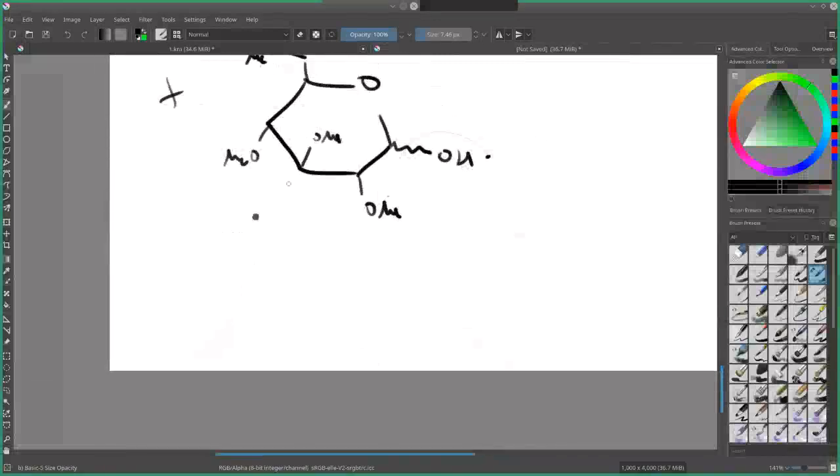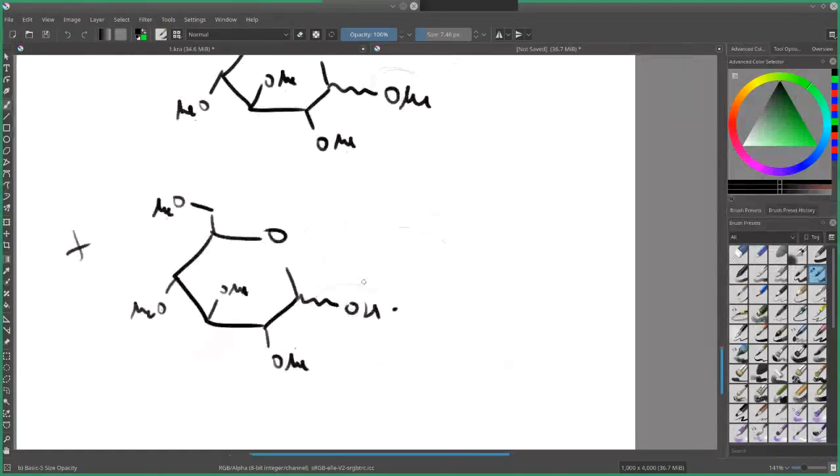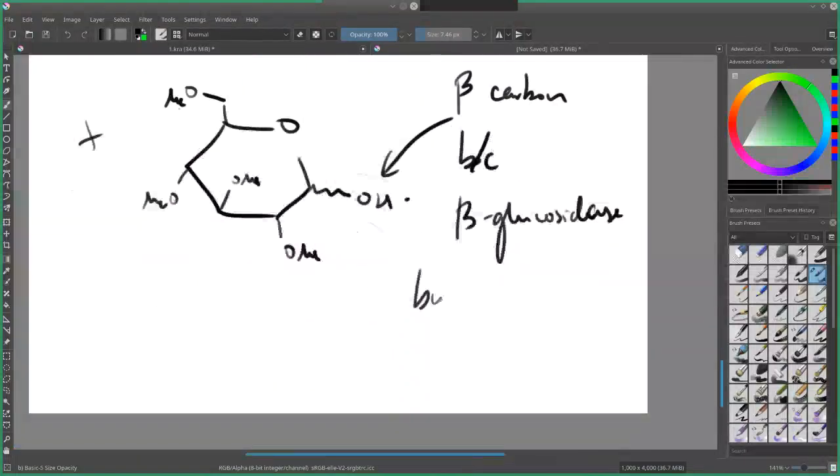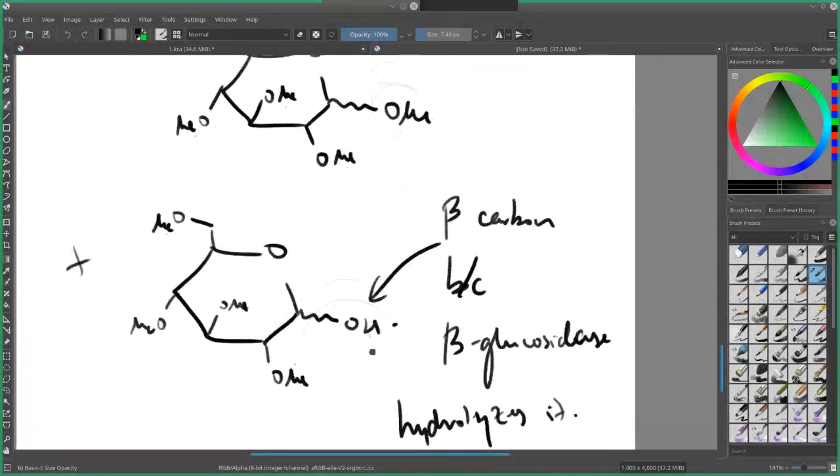So we know that this one is a beta carbon because of the beta glucosidase. The beta glucosidase hydrolyzes it, so this one has to be a beta carbon.